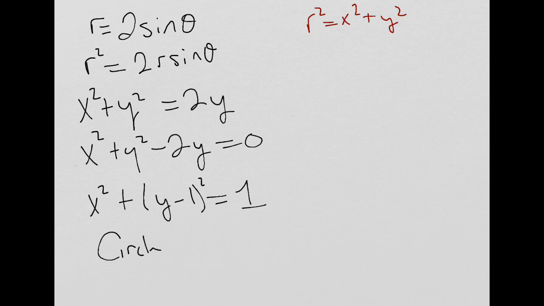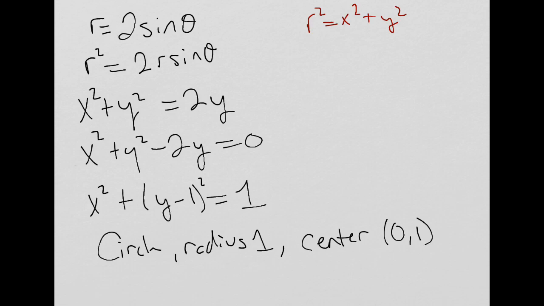This is a circle of radius 1, because we get that 1 over there. And the center is at 0, 1. This y minus 1 shifted the center of the circle vertically. Now that's something that we could graph with Cartesian coordinates, but we did need an x squared, we needed a y squared, we needed some completion of the square. 2 sine theta, that was about it. That was all we really needed.